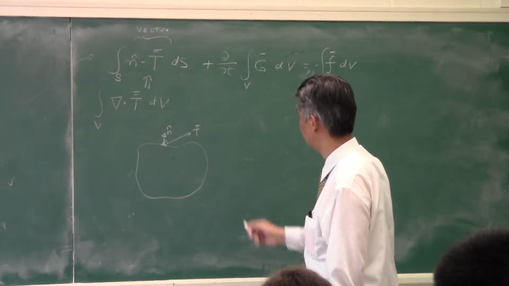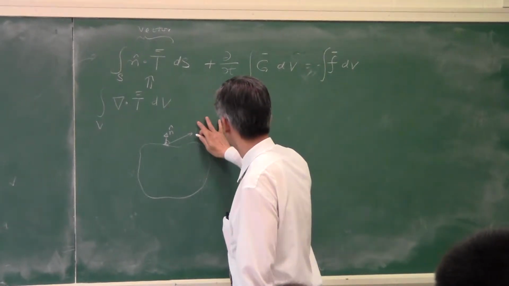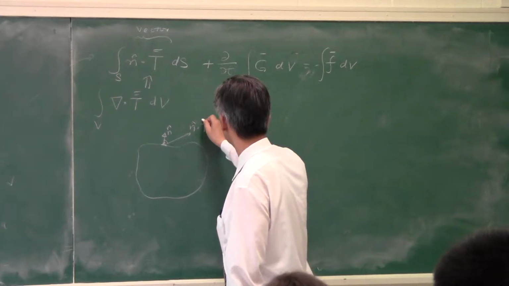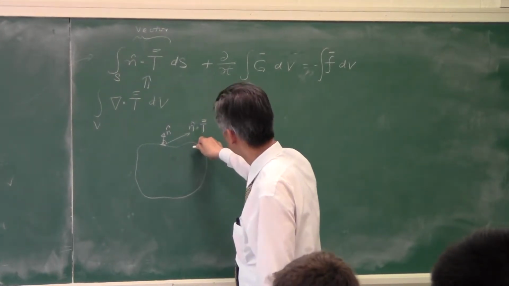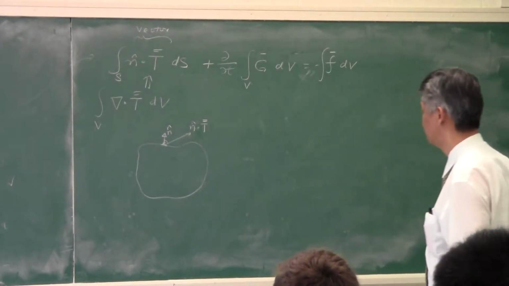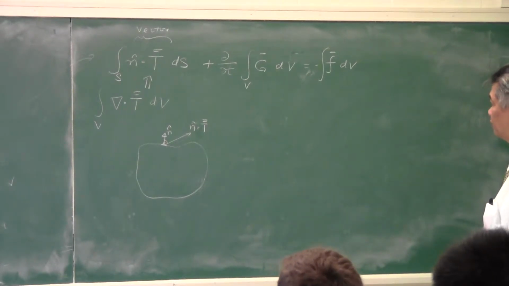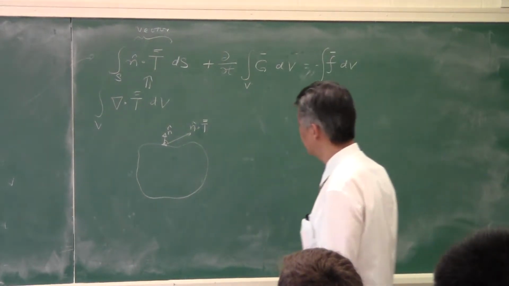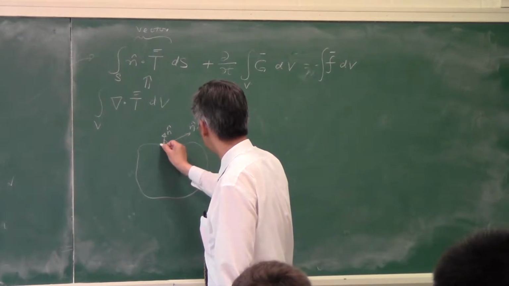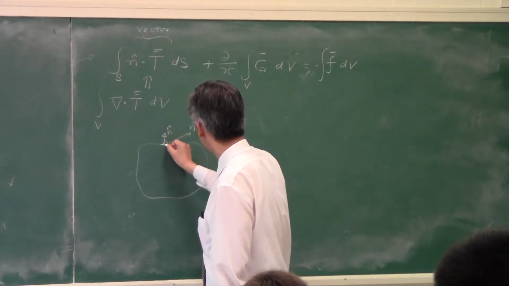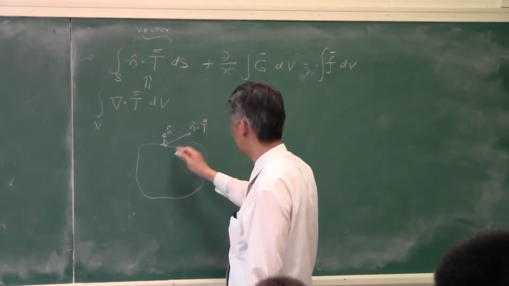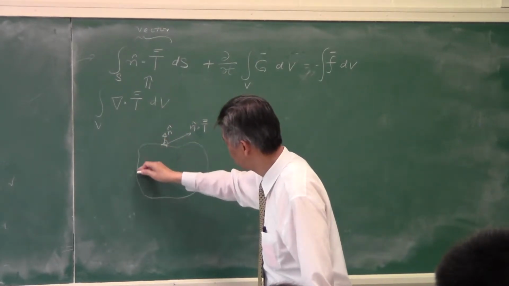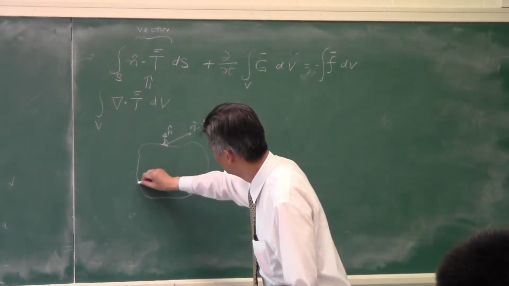And that particular direction is n dot T, okay? n dot T need not necessarily be pointing in the same direction as n, and then the S is just a small area, and this thing exerts a force in that small area, and we sum over all these forces on this small area.